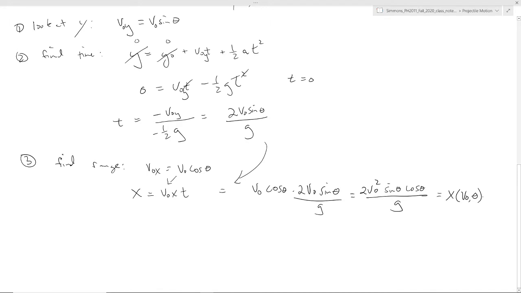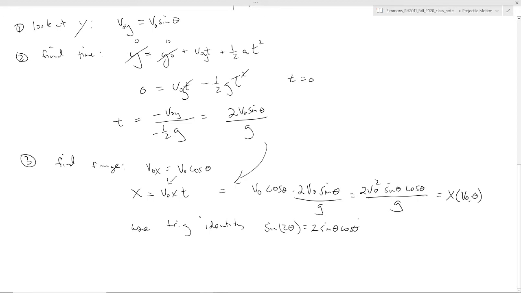And actually, we can write this a little more concisely if we use a trig identity: sine of 2 theta is equal to 2 sine theta cosine theta.